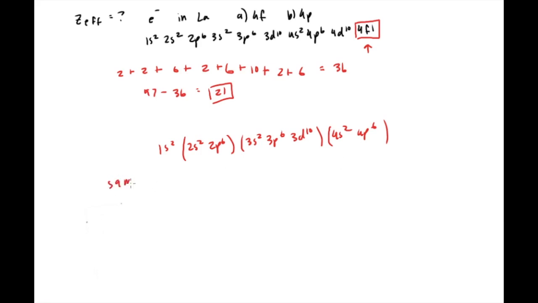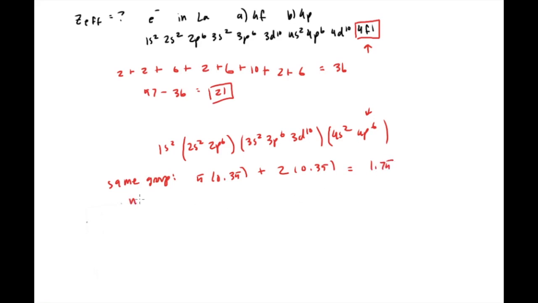And so if we look at the same group, we need to do one less than the value of the atomic orbital, or the highest energy atomic orbital. And so we have 5 and 2. So we can do 5 times 0.35 plus 2 times 0.35. And so if we plug this into our calculator, we get 1.75.